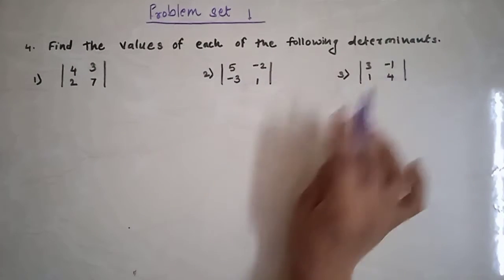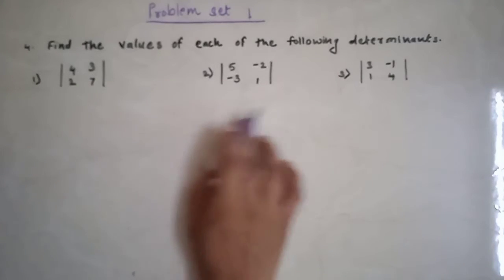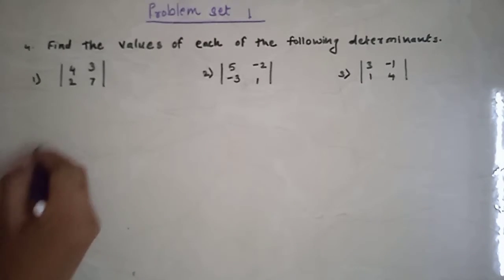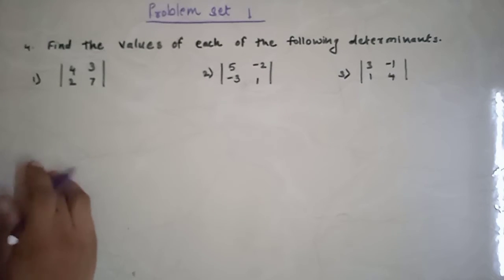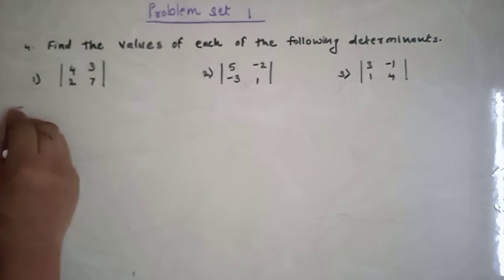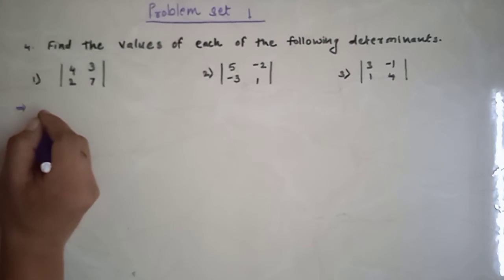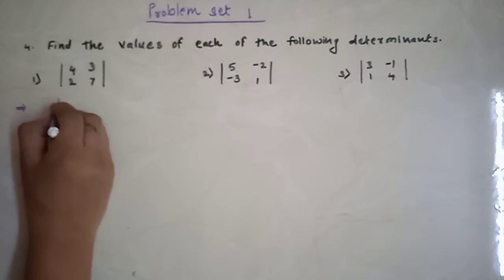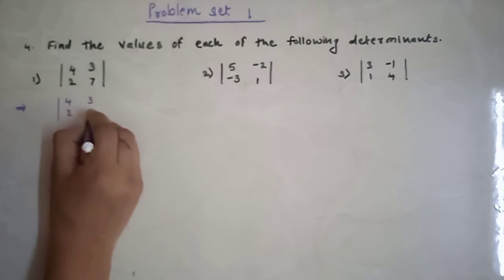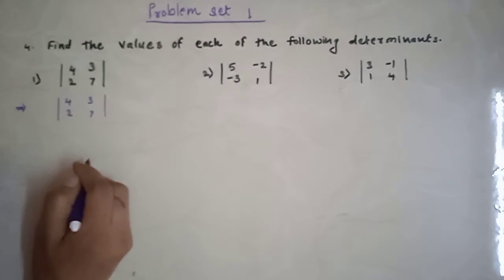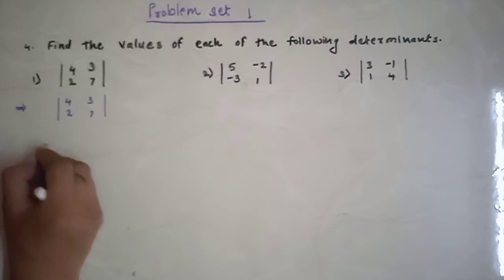We have to find here the value of the determinant. Okay, there are three determinants. So let's start solving step by step. When you solve step by step, then the answer will be correct. So rewrite the first determinant, and take down the cross multiplication. It is a very easy method.